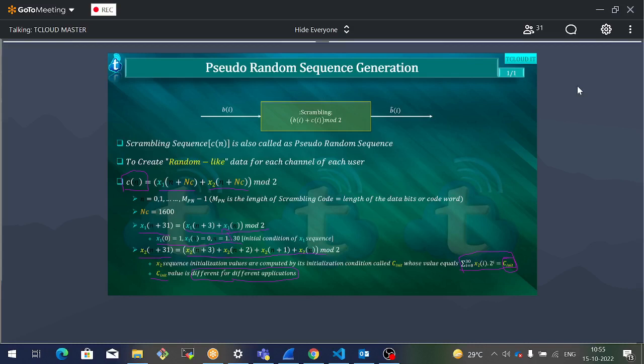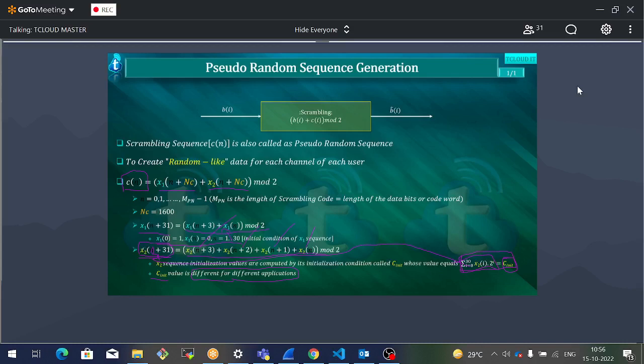If the channel changes, the C init value would change. Once C init changes, the first 31 values of the X2 sequence would change. After 31, if you want to find X2 sequence values, you have to apply this formula. N plus 31, you define N as 0. So it becomes X2 of 0 plus 3, which is X2 of 3, X2 of 2, X2 of 1, X2 of 0. So the pre-order substitution again. Whatever available elements you have, you substitute them to calculate the higher level element value. Simple mathematics.